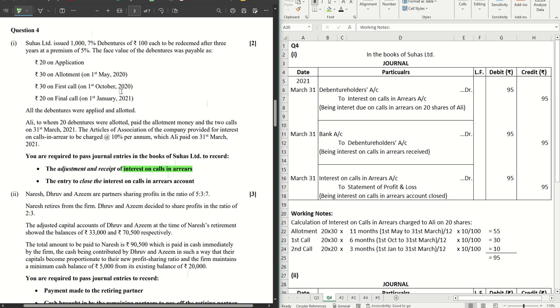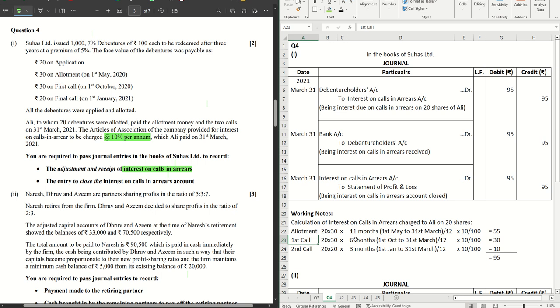Timelines are important, as you can see in the workings. On allotment, Ali was supposed to pay 600 rupees, and instead of 1st May he paid on 31st March. So 11 months of interest will be charged at the rate of 10% per annum, which gives us 55 rupees. The first call money he was supposed to pay, again 600 rupees, on 1st October, but he paid on 1st March.